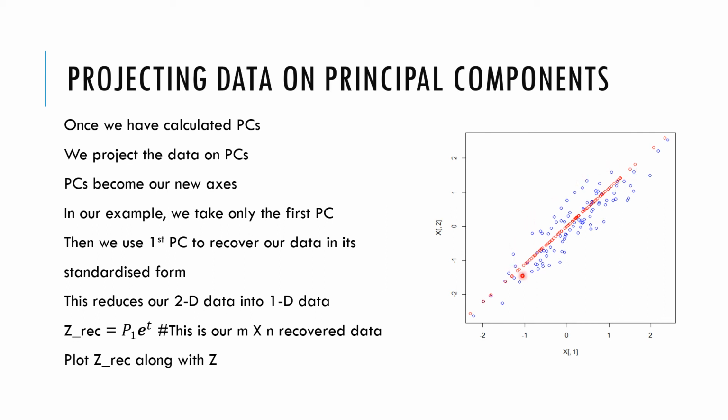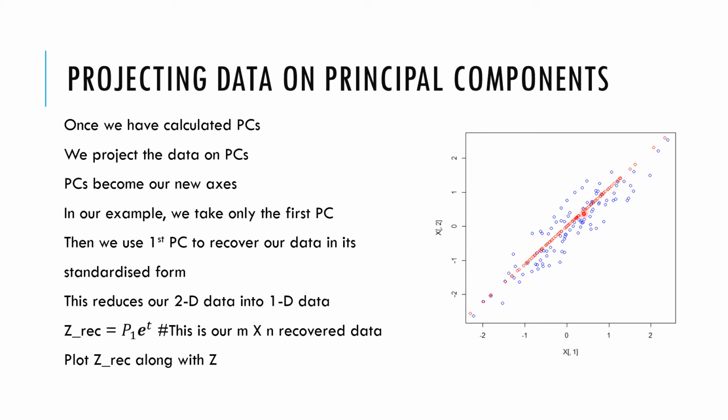In this scatter plot, the blue dots are the standardized original data, without any dimension reduction, without any principal component. The red dots are the recovered data that we have plotted. Recovered means first we converted the data into principal components, then we picked only one principal component to reduce the dimension, and then we used that principal component to recover our data in standardized form.